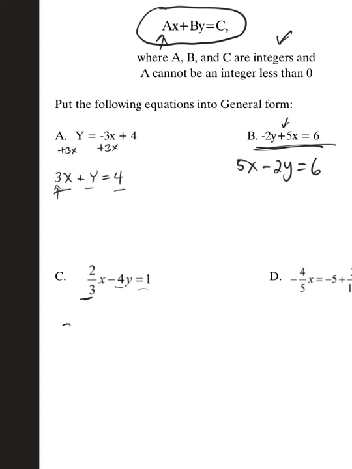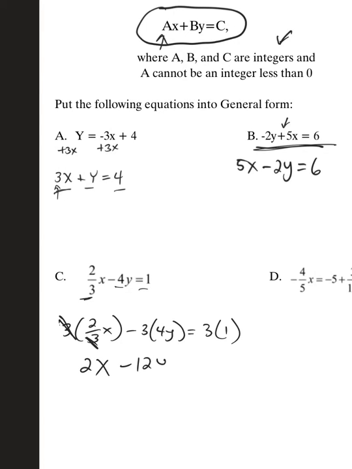So I'm going to multiply the first term by 3, the second term by 3, and the constant by 3, because I can do this as long as I do it to every piece. That allows me to cross cancel the 3's and write that first term as 2x minus 12y equals 3. Now this is in proper general form.